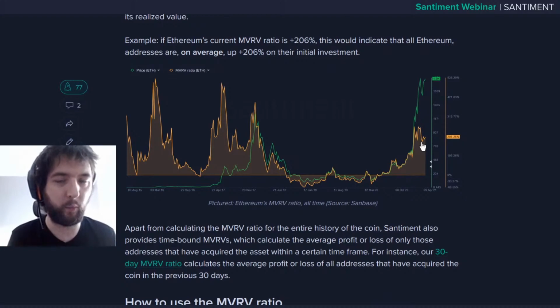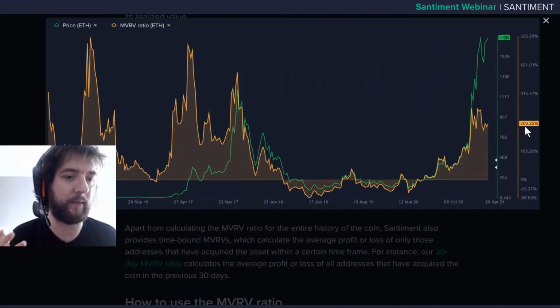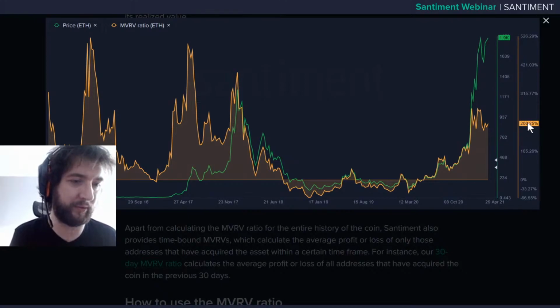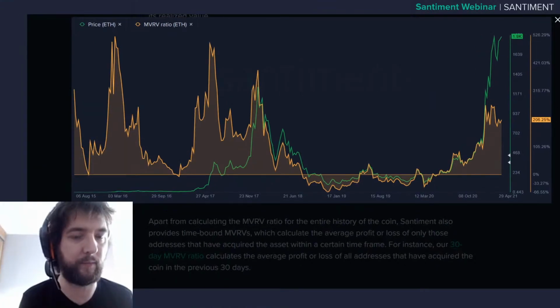The way to understand MVRV, in the simplest form, is to look at the number and understand that if it's a positive number, these holders on average are in profit by that percent. And if it's a negative number, that means that all holders are on average minus X% on their initial investment, right?